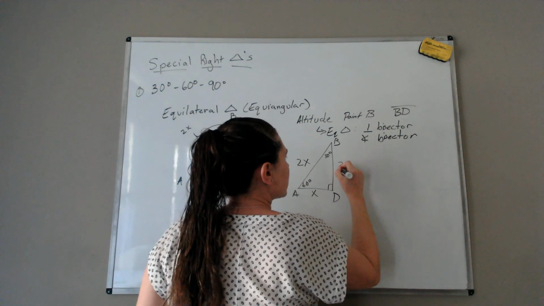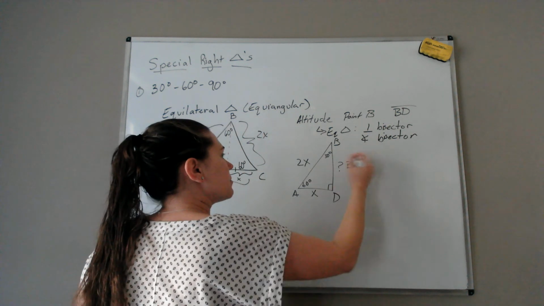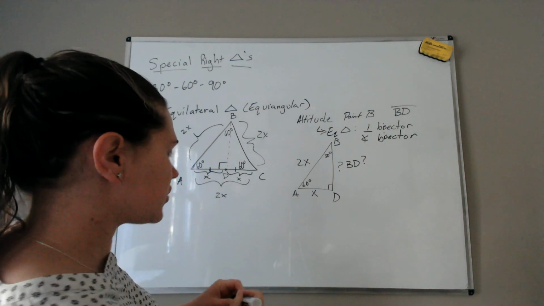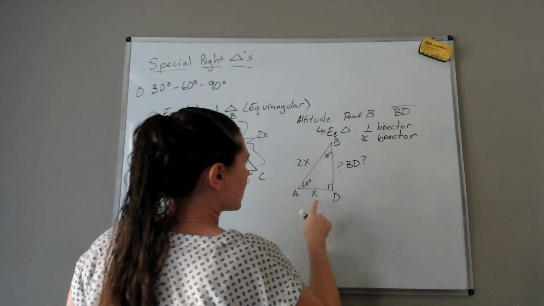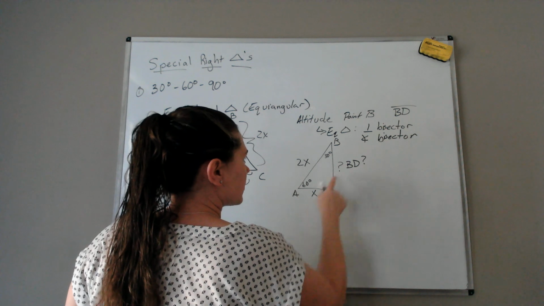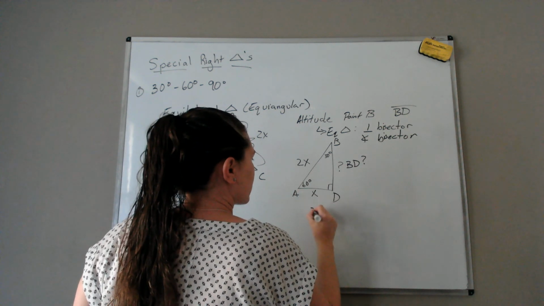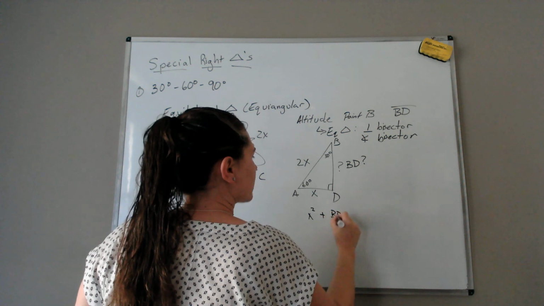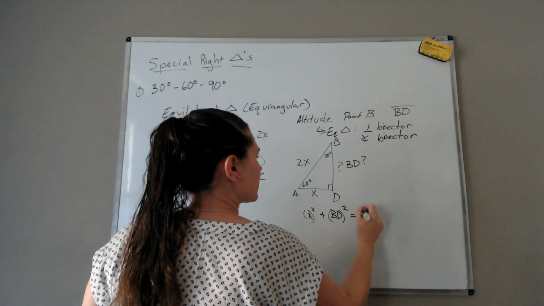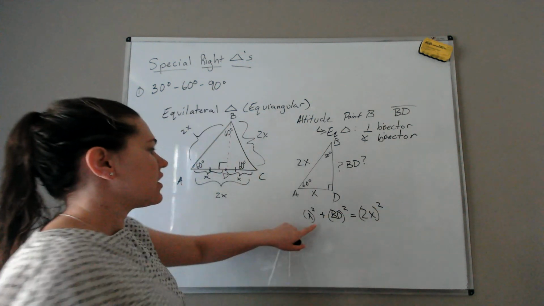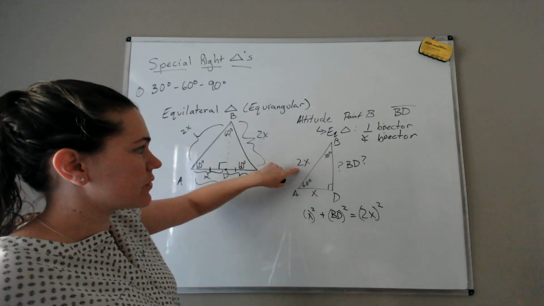Now, let's figure out the length of side BD. We're going to use the Pythagorean theorem here. We know that this side squared plus this side squared equals this side squared.